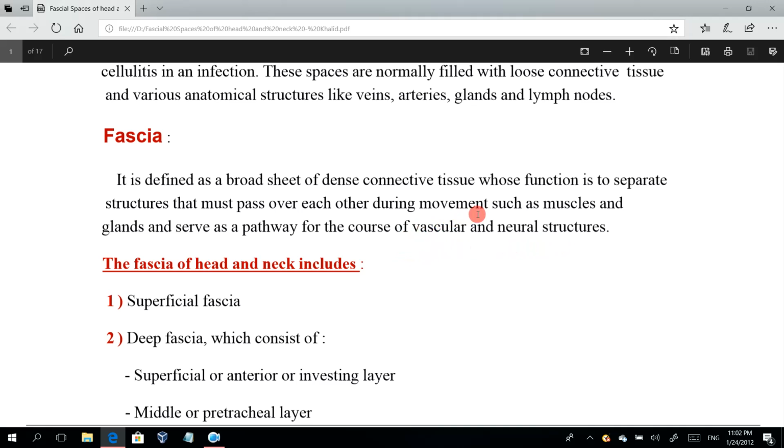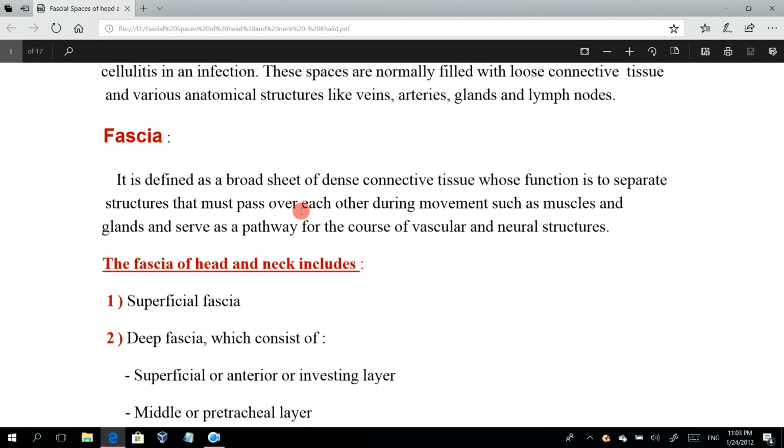Between one muscle and another muscle beside it, there is a layer of fascia, this sheath of connective tissue.